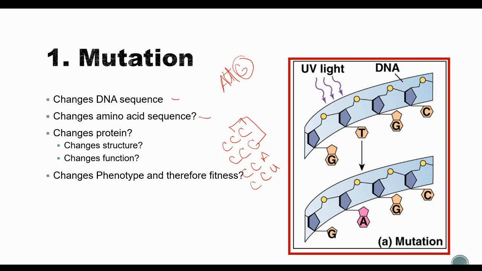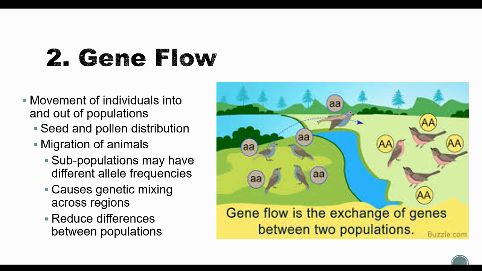And a lot of times structure equals function. If we change our structure, we're going to change the function. Now, if all of those things change, we will often see this change in phenotype and therefore fitness. But again, there are question marks at each step because it depends on where that mutation is, whether each thing is going to happen.